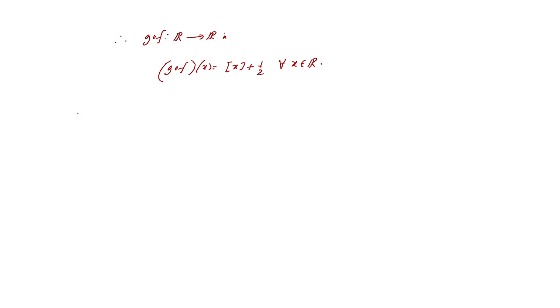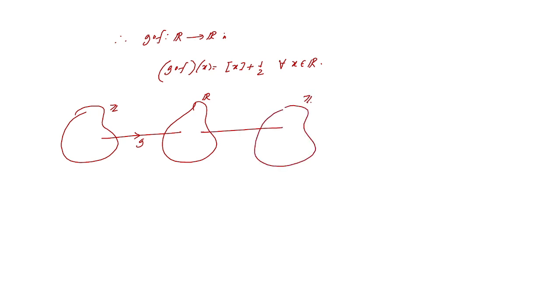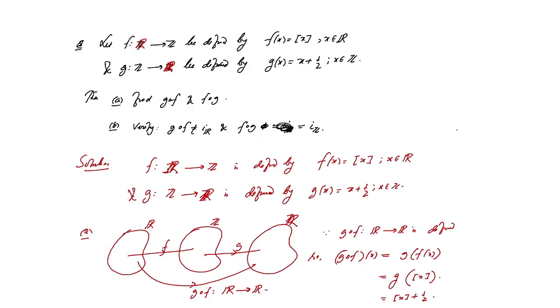And now we'll calculate f composed g. So this is the g function, given from Z to R. Next, from R to Z, our function is f. So what will be the composition? f composed g will be Z to Z. So the second part, if we calculate f composed g of x, that will be f of g(x). What will be the value of g(x)?